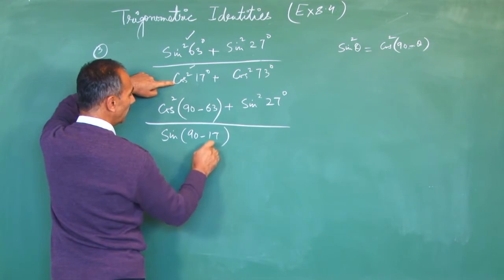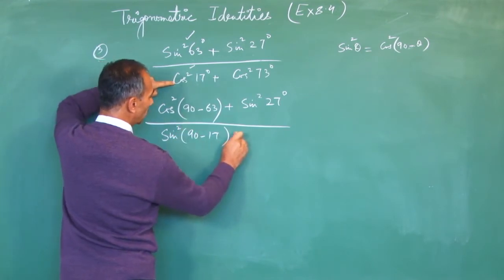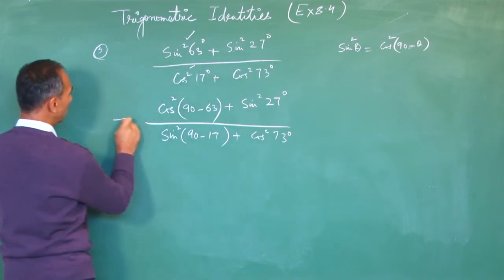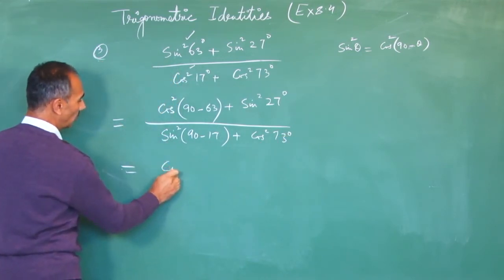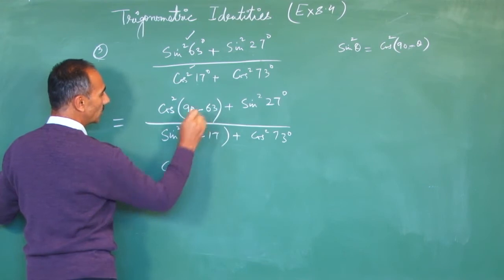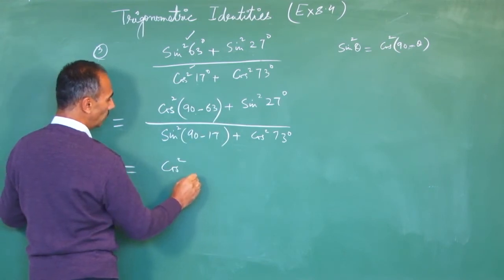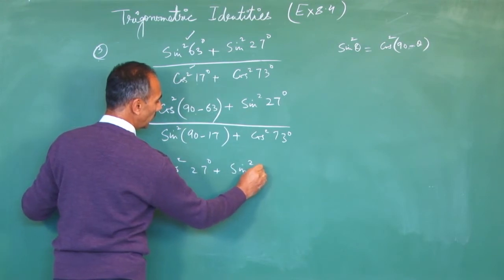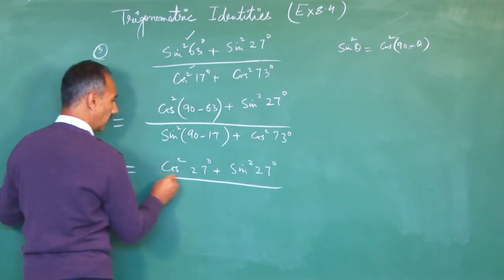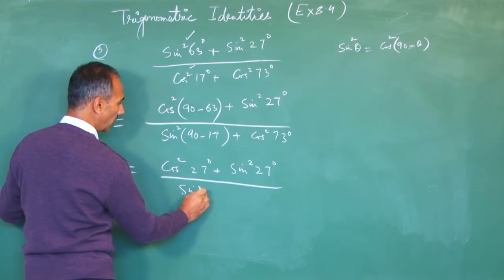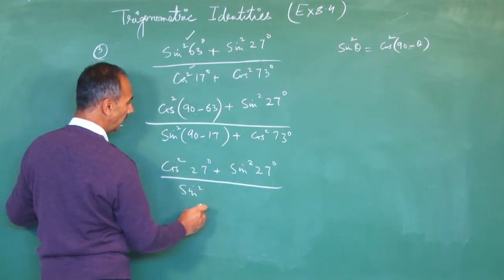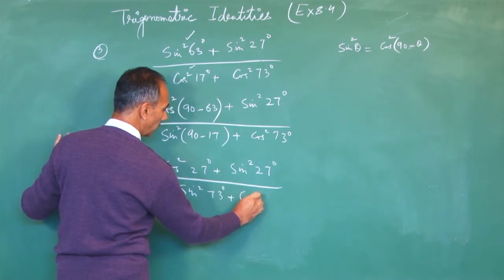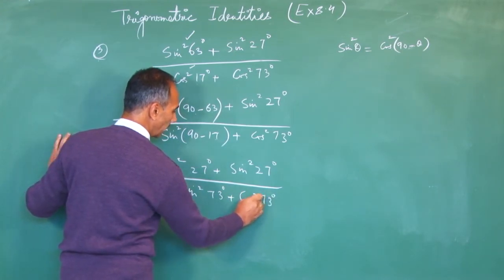Theta is 17. Square of that plus cos square 73 degrees. So if we further simplify this, this will be cos square 90 minus 63 will be 27 degrees plus sine square 27 degrees. And what about this? This has to be sine square 90 minus 17 will be 73 degrees plus cos square 73 degrees.